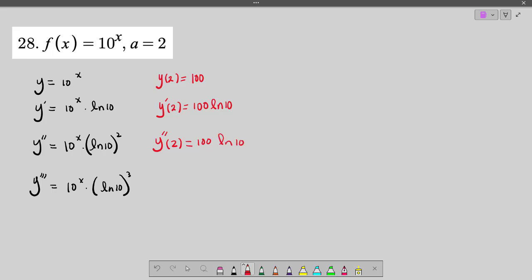If you want, you can use that weird strategy that this book uses and put the 2 right on the ln. Most books do the natural log of 10 quantity squared, but if you want to use that shorthand notation, you can. Totally fine. And then this will be 100 natural log cubed of 10.